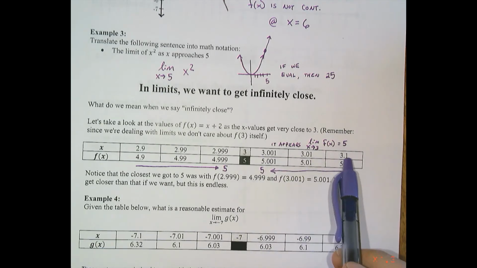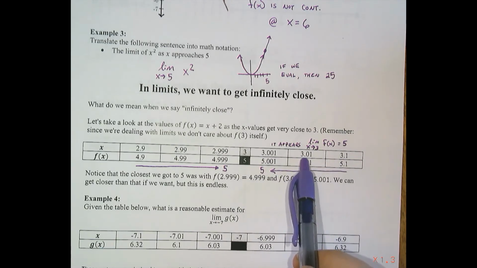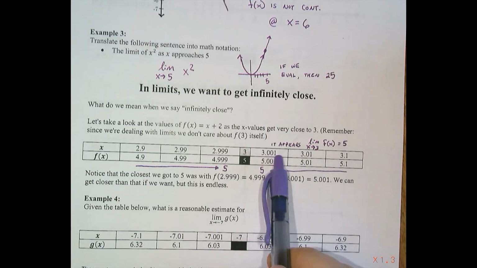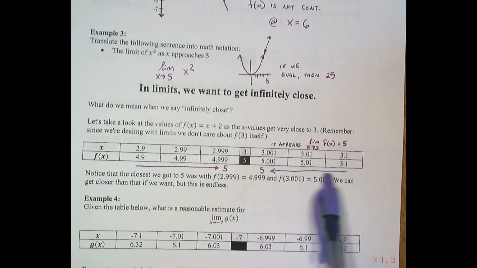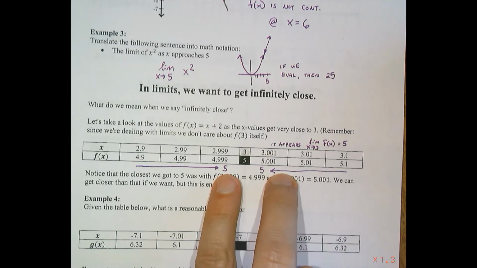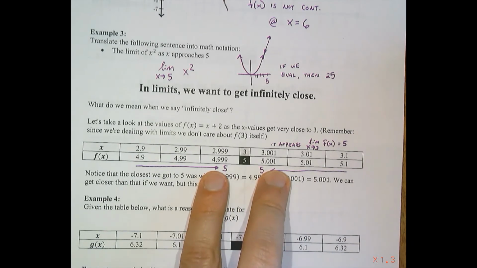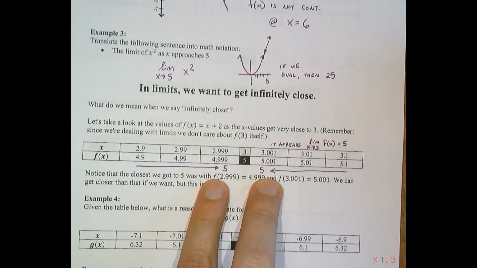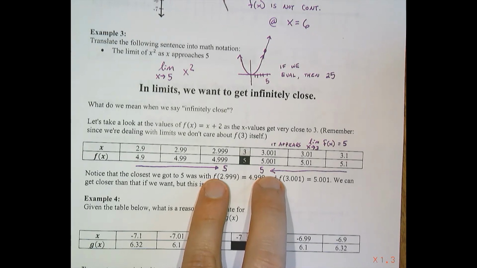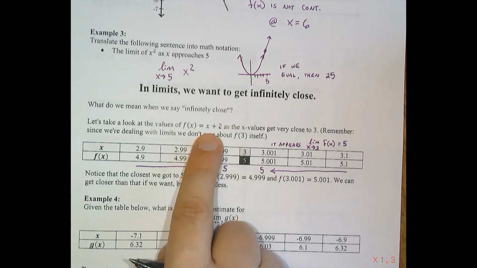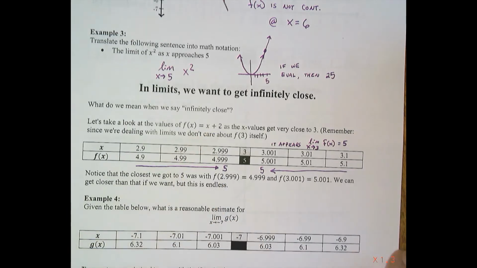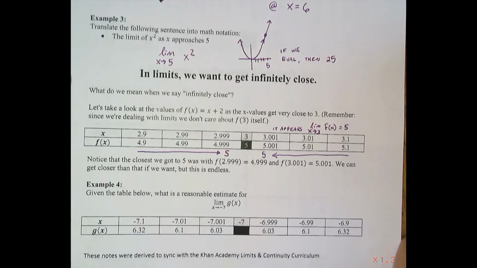Like if I did 3.1 and 3.05 and 3.007, that might help mitigate this effect. But still, a tabular approach is not going to be the most precise way to evaluate a limit. It is, however, one way that can help evaluate very easy limits. In class, when we get back together, we'll actually take some time to explore more complex equations than just x plus 2. But for now, we're just looking at the idea of a limit.